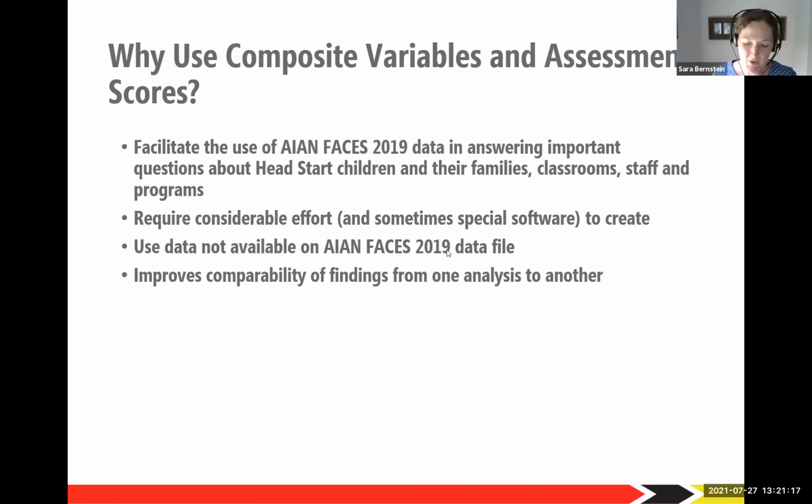So for the most part, variables that are really simple, like recodes or transformations of a single survey item, are not included as constructed variables. That's something that you can do at home, so to speak.